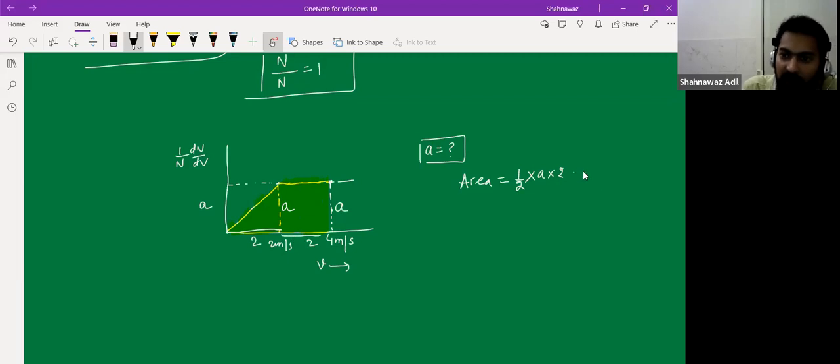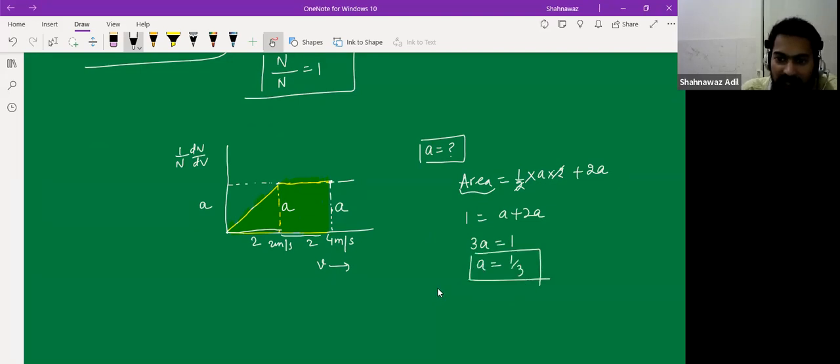So this area will be 2A, right guys? And we know this area is 1, so 2A equals 1, and A is 1 by 2. Right, guys? Any confusion, any question in this part?